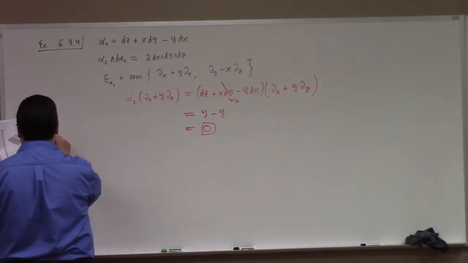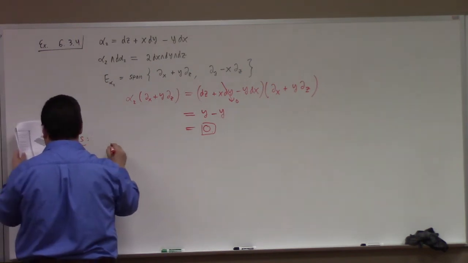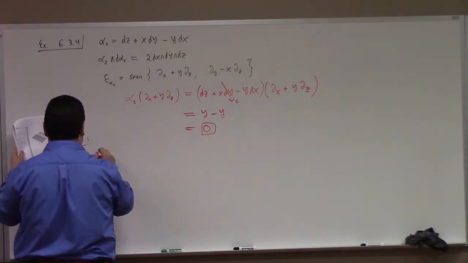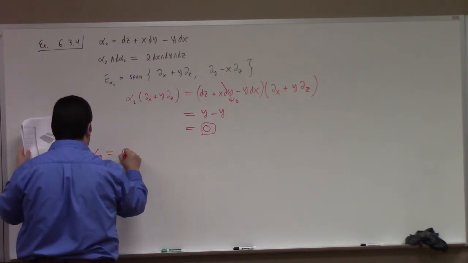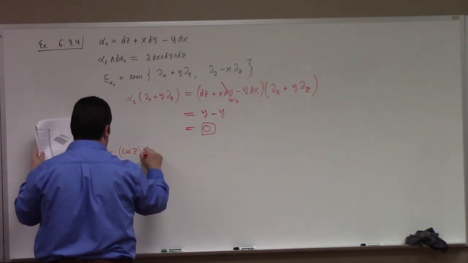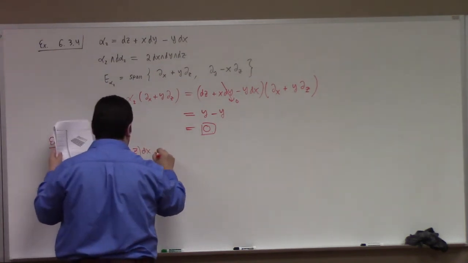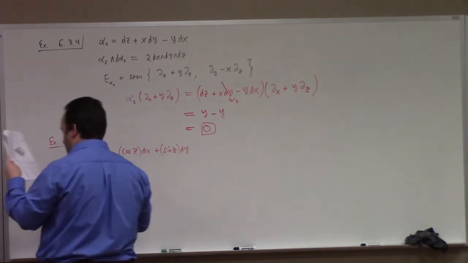Example 6.3.5. He finally, well, anyway, again, I have no room to complain. All right, so alpha 3 is cosine of z dx plus the sine of z dy.